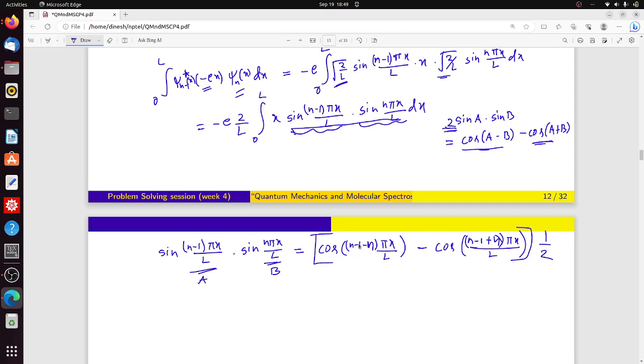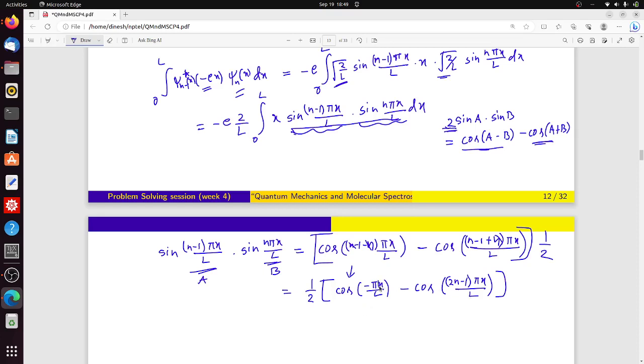So you see, this n will cancel here, so effectively I will have half of cos of minus pi x over L minus cos (2n minus 1) pi x over L, right?